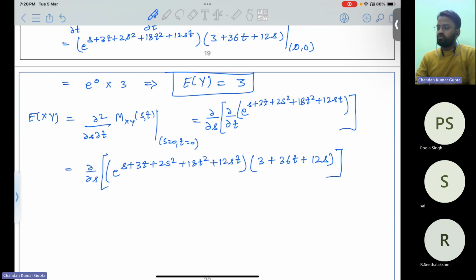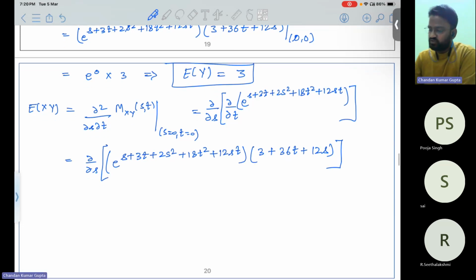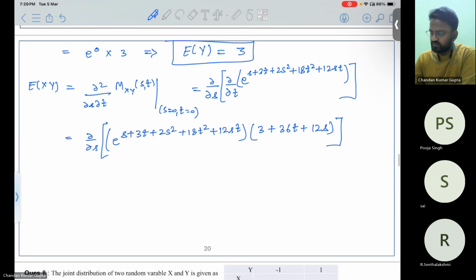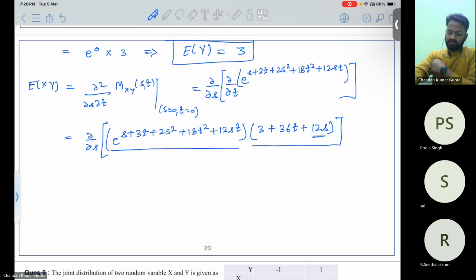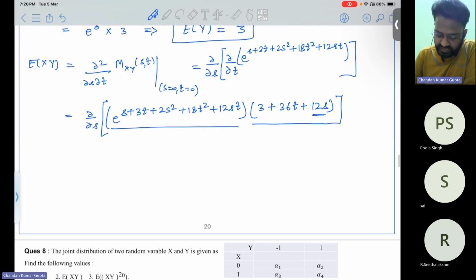Now we need to differentiate this quantity again, with respect to s. We need to differentiate this whole quantity with s. Here suppose it is the first function, it is the second function. Here there is only 12s. So differentiate this again.